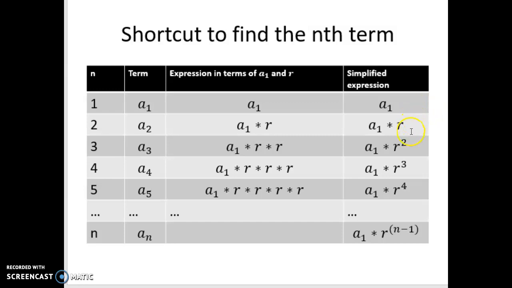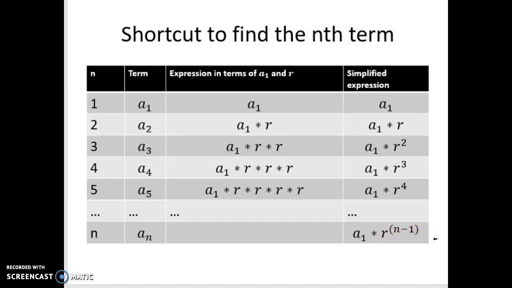Here the exponent on r is 1 less than the term number that we were looking for. So if we're looking for the fourth term, we take the first term and multiply it by r to the third power. Now, if we were looking for the nth term, we would start with the first term, but we would have multiplied by r 1 less than n times, so n minus 1 power there.